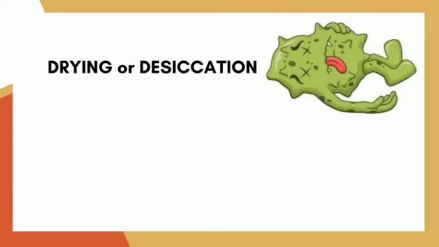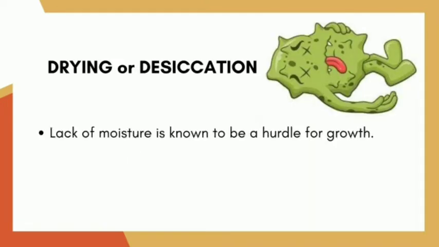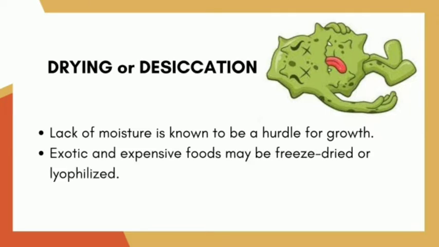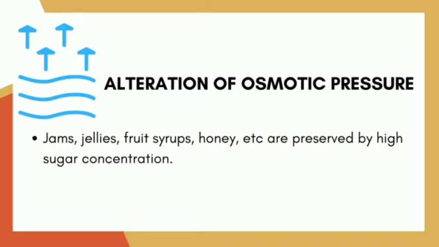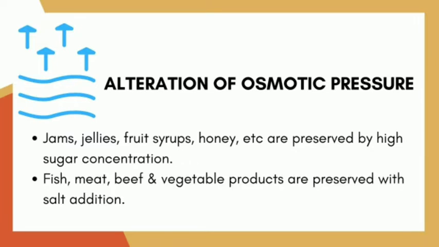Next method is drying or desiccation, which removes or reduces the water content and hence blocks microbial growth. Yet next method is that osmotic pressures can be altered, thus killing the microbes. This is done simply by adding a suitable solute like sugar or salt. Examples are pickles or fruit preserves, jams and jellies.